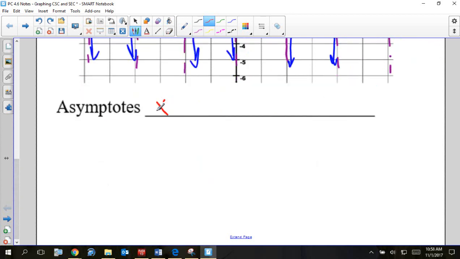And we're going to always begin with the first non-negative asymptote. So I look at my graph, and x equals what value is our first non-negative asymptote?